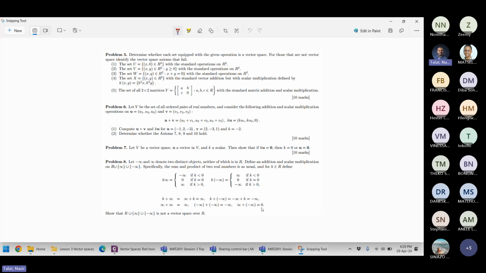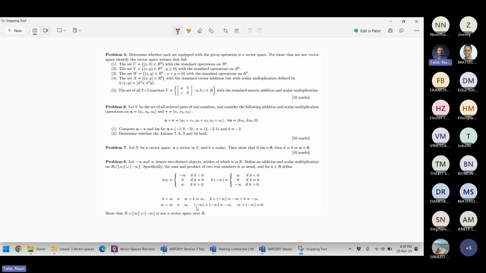We know that infinity plus infinity is infinity, and minus infinity plus minus infinity is again minus infinity. On the other hand, infinity plus minus infinity equals 0. You can use these relations and see that it violates the axioms of a vector space from v1 to v10.